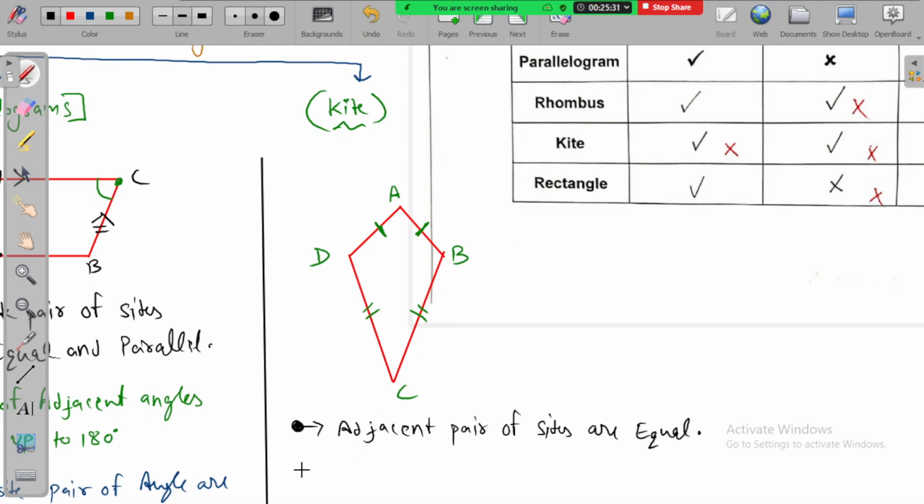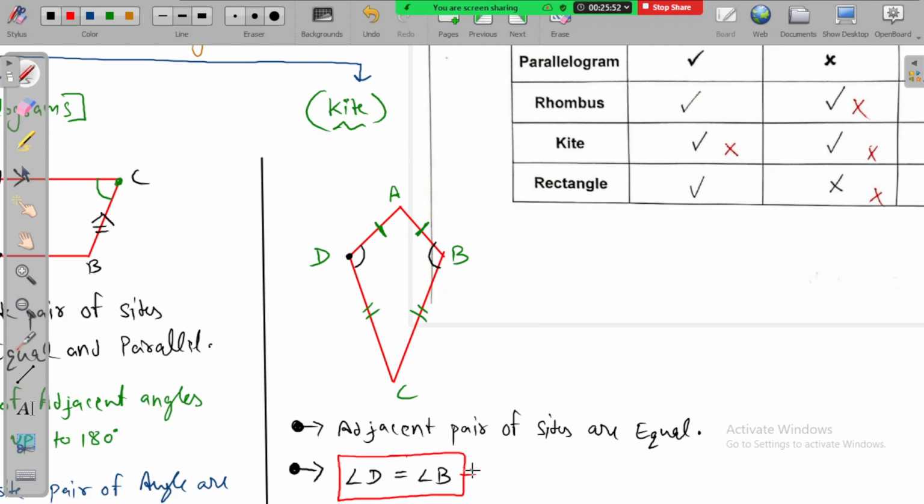Okay. Then comes the second property. For the second property, the rule is just saying that at the point where these non-equal sides are meeting, these angles are equal. So you can say angle D is equal to angle B. And how can you write it?